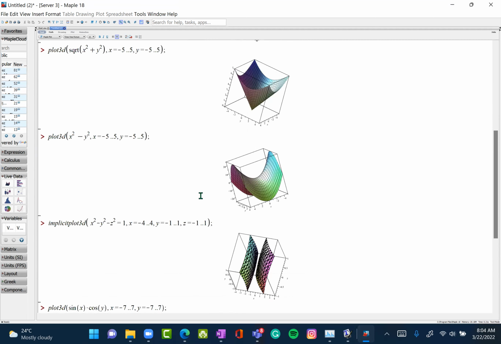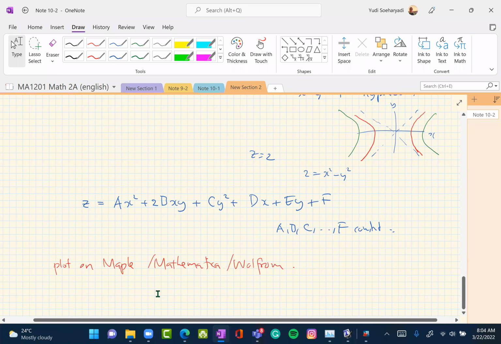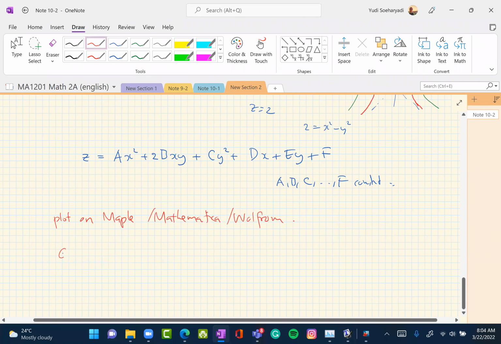So the generic things you should be able to recognize are ellipsoids, paraboloids, hyperboloids.